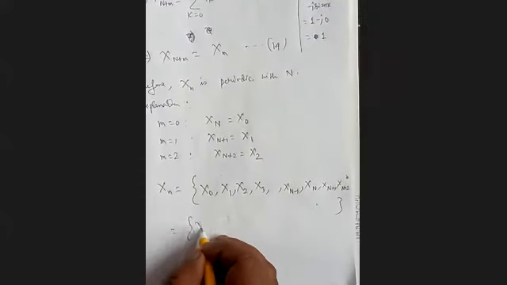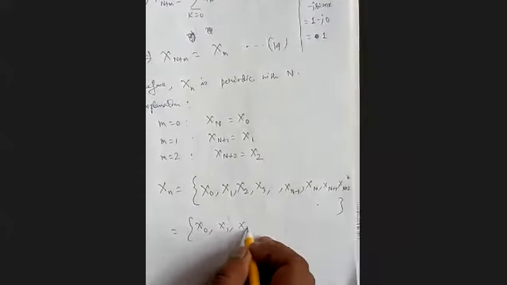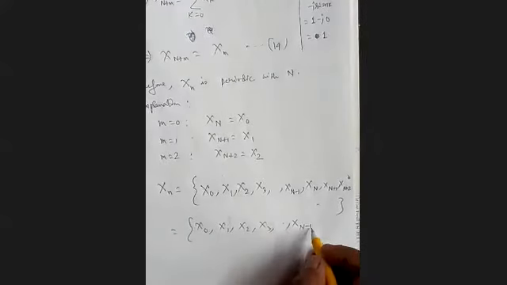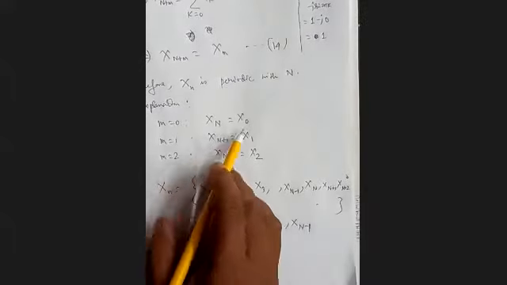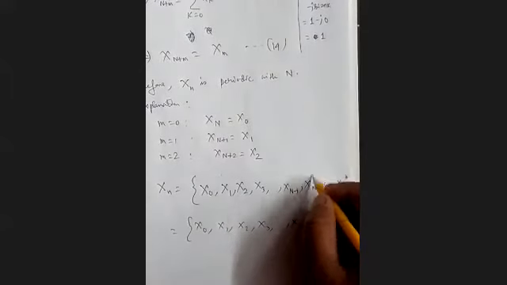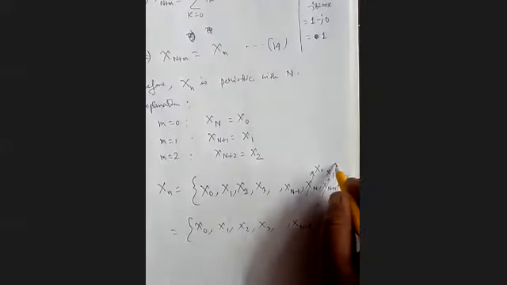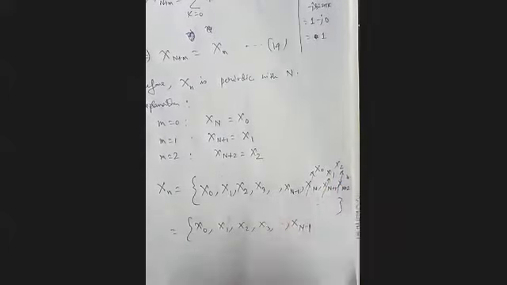Or we can write X0, X1, X2, X3, X[N-1]. After that, X[N] means X0, so we can replace it with X0. X[N+1] means X1. X[N+2] means we can write it X2. So the same thing will repeat.